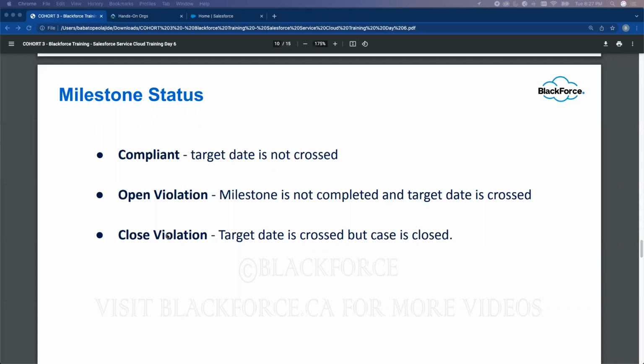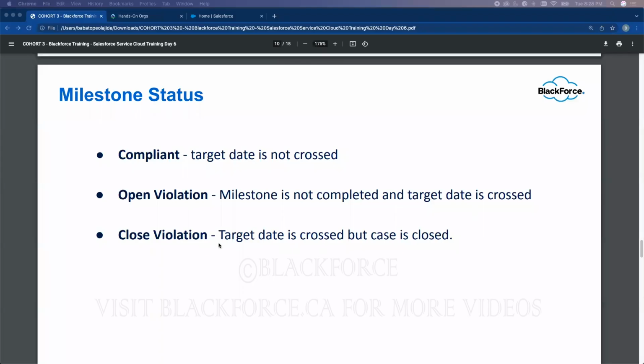And close violation. This is mostly used for record purposes, or you want to use it for statistics and trying to understand how you can manage your contact center in future. Because technically, close violation means that the case has been closed, but the target date was crossed before the case was closed.